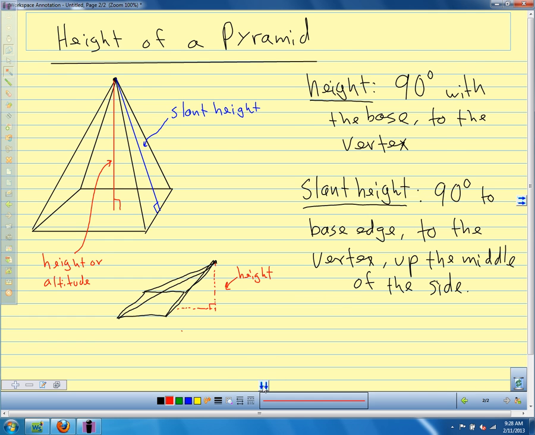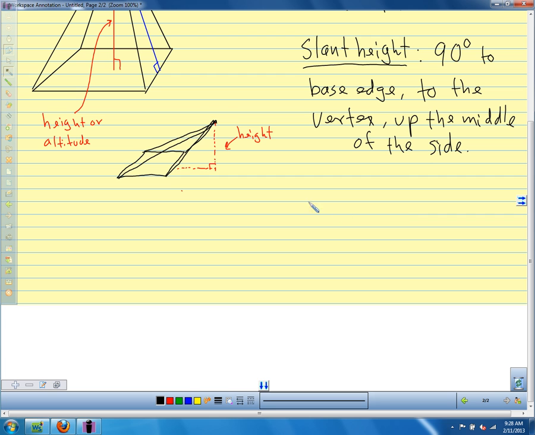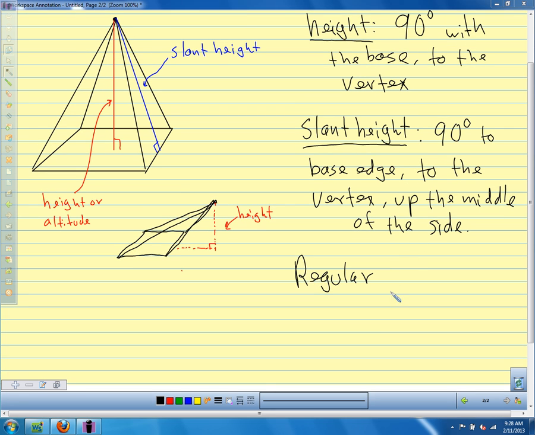All right, one last piece of information and then we'll be ready for our formulas. A regular pyramid. What would you guess we mean when we say a pyramid is regular?